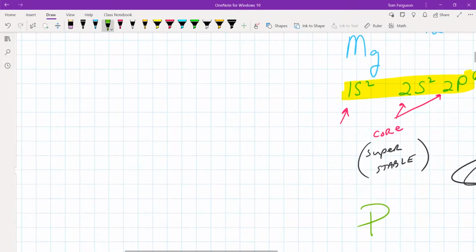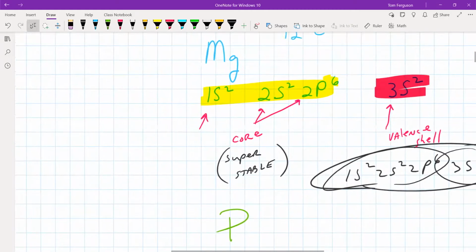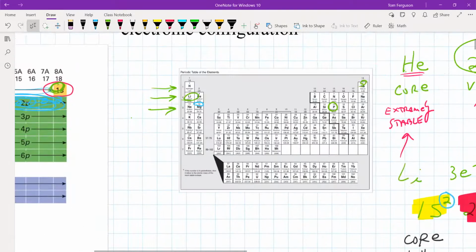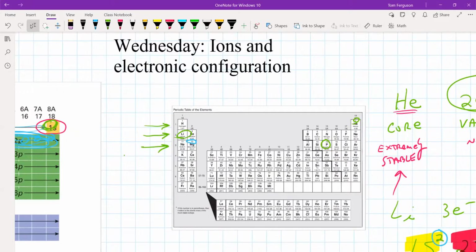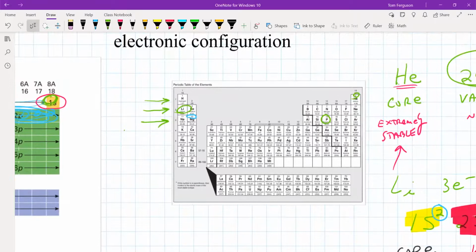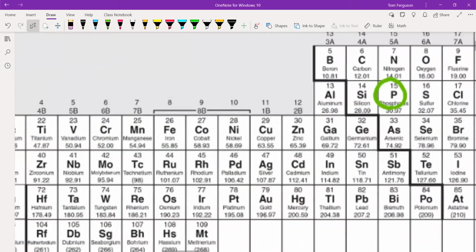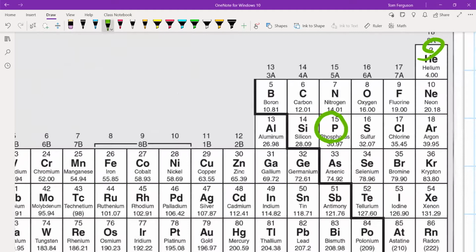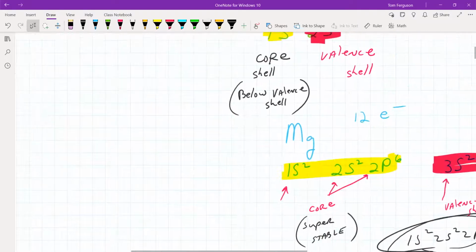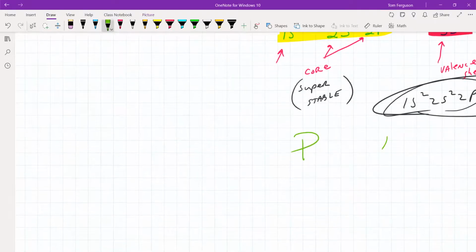Okay. All right, so let's look at phosphorus now. Phosphorus is going to have 15 electrons we have to account for. 15 right here. Electrons. Okay, all right, so 15 electrons.